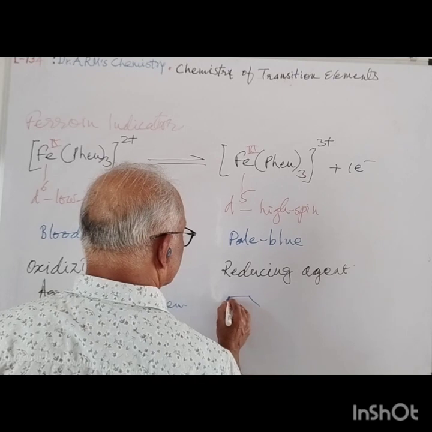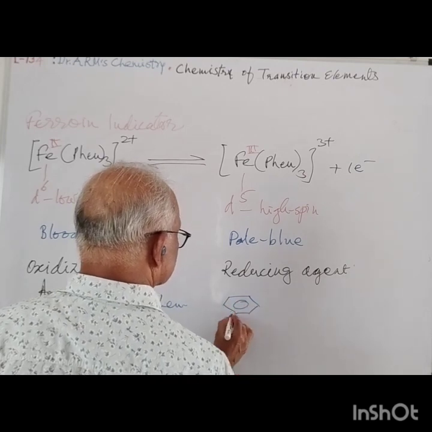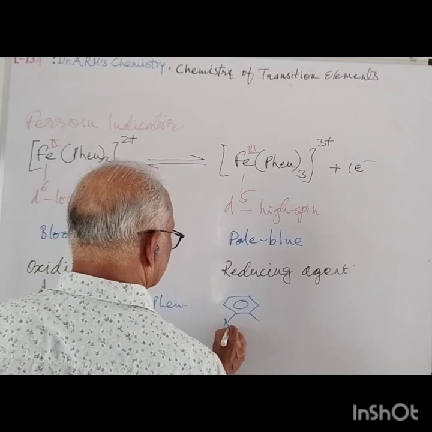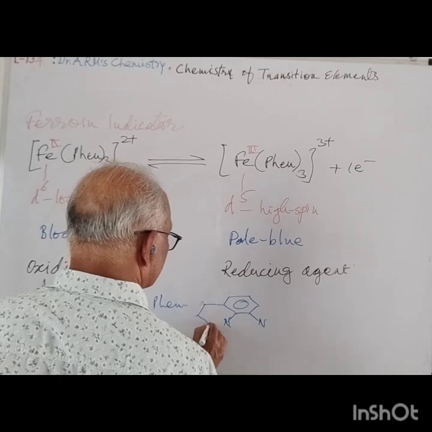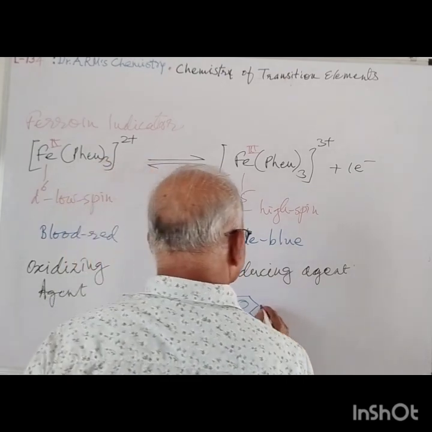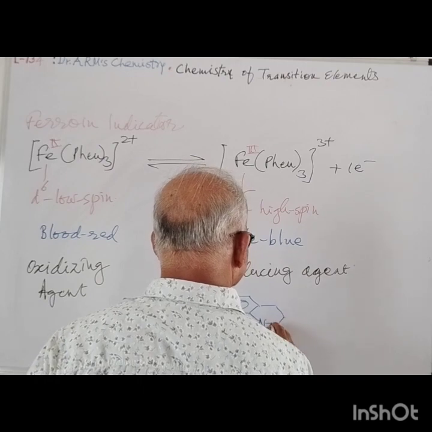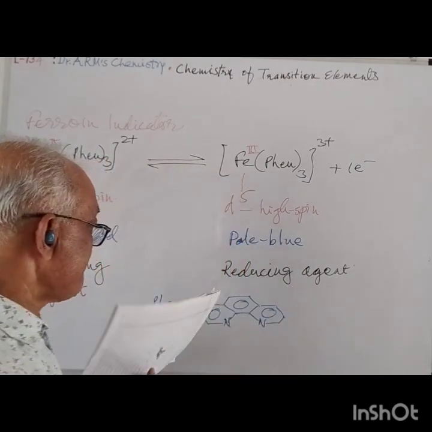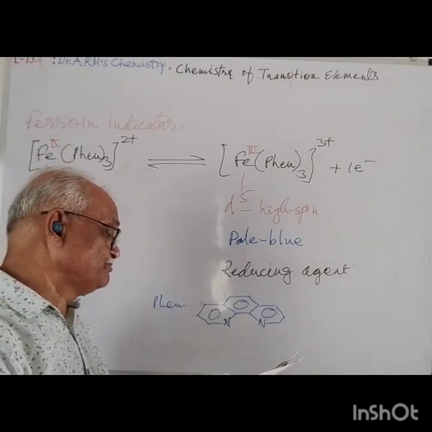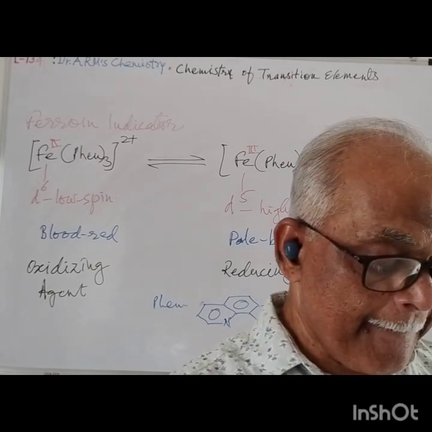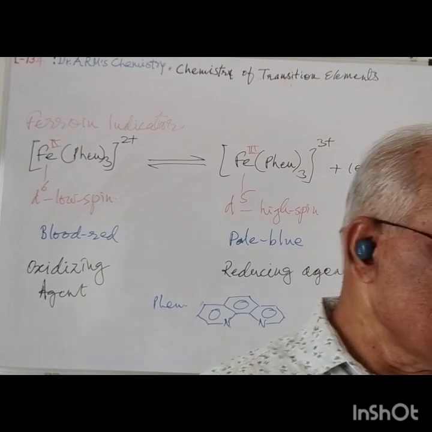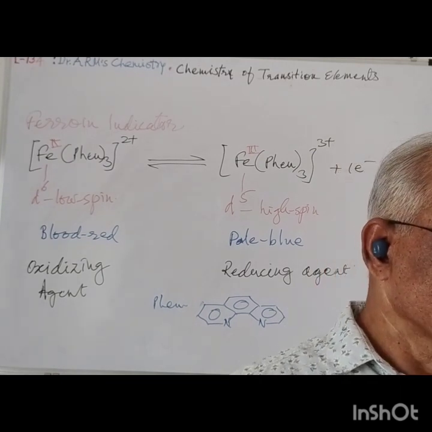So you must know the structure. This is phenanthroline. The possibility of this oxidation of Fe2 plus is shown here. This is because of the metal to ligand charge transfer.